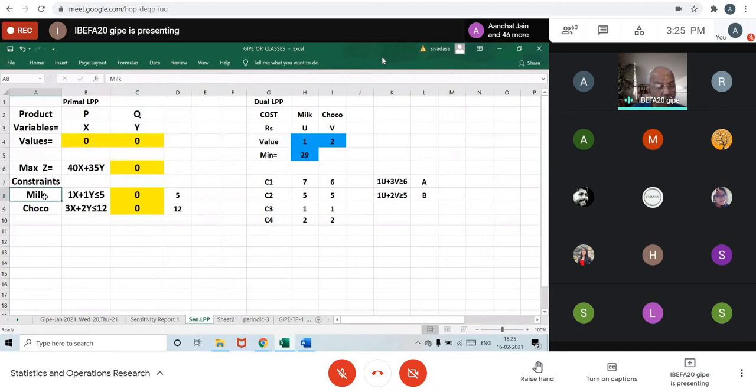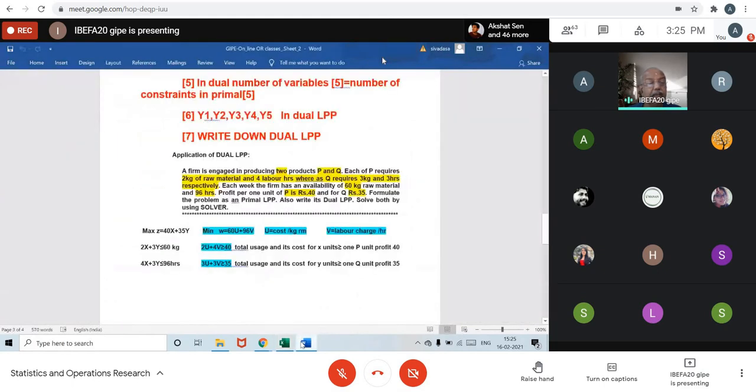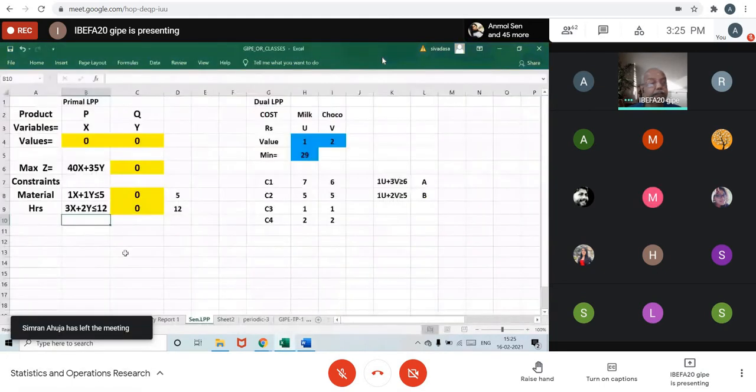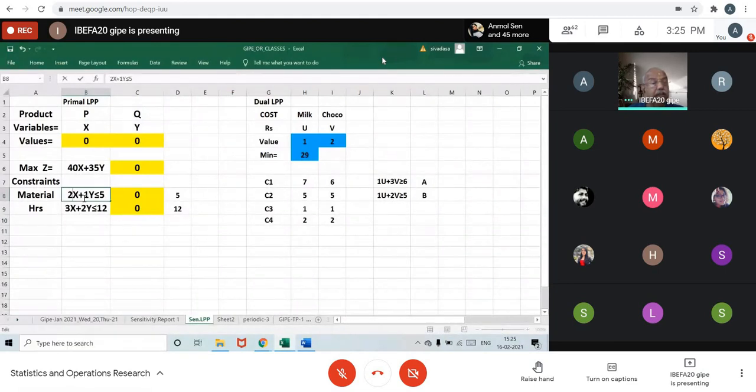Constraints are raw material and next is hours. 2X plus 3Y less than or equal to availability, 60 kg of material.